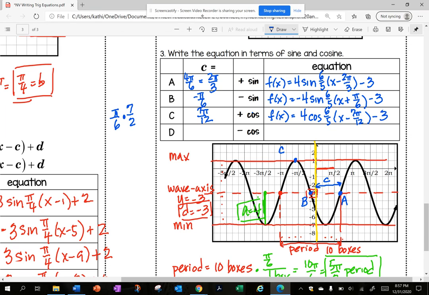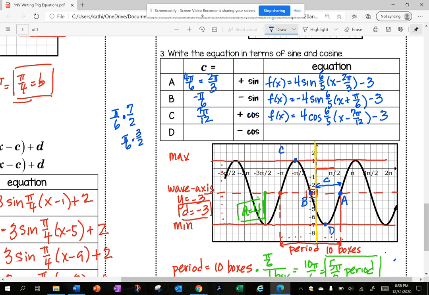Okay, so a minus cosine curve means I want to start on a minimum. The closest minimum I have to the y-axis is right here. So this is my D value. So this is 1.5. So again, this is pi over 6 times 1.5 is 3 halves.